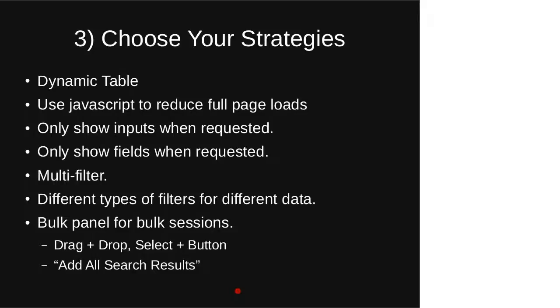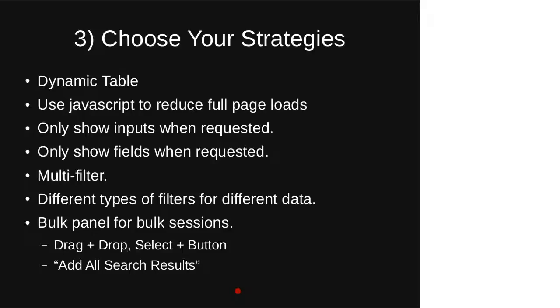Now you could search on multiple different fields. So we had multiple searches that could be added together. So you could search on the username and the address, the city. You could search on multiple cities. You could keep adding and removing filters until you got to what you wanted to do. And we had different types of filters for different data. So we added a calendar type filter, text input.